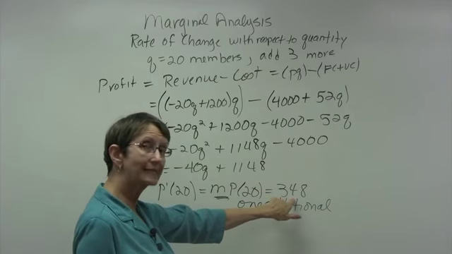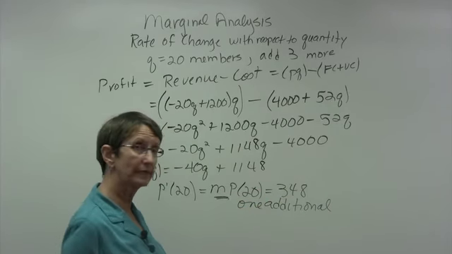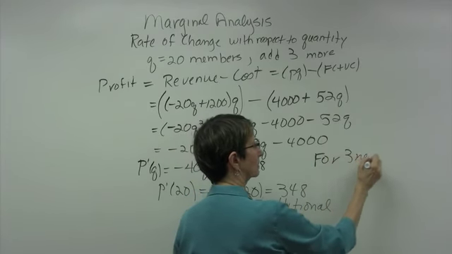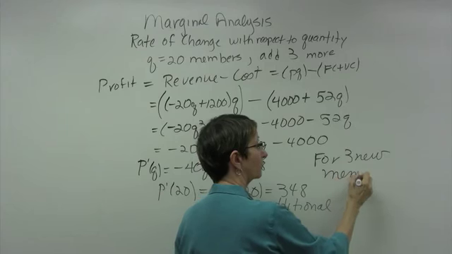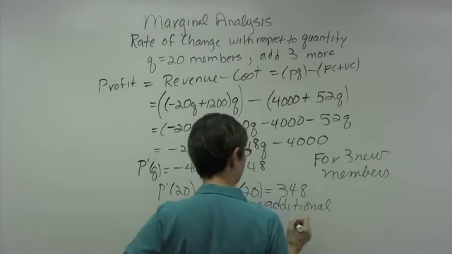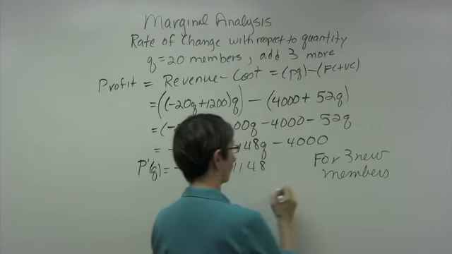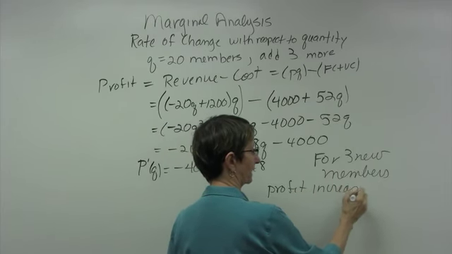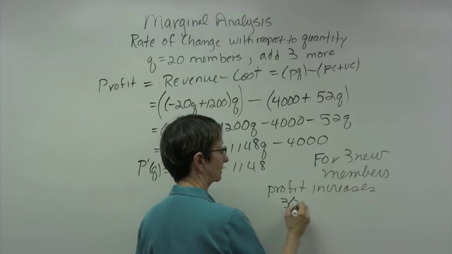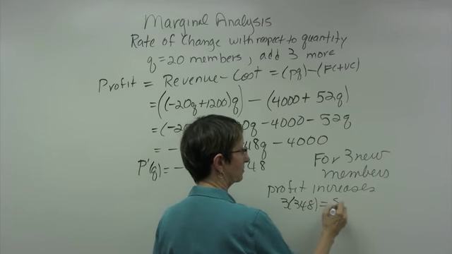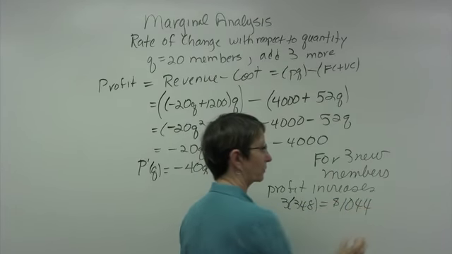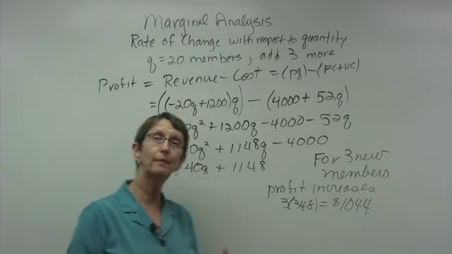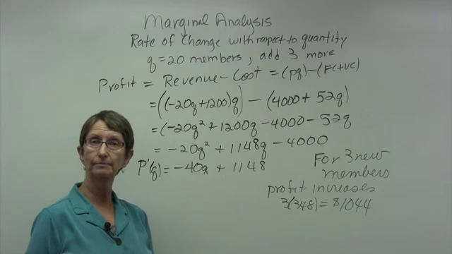Well, since this is positive, I'll multiply that by 3, and I'll find out that for 3 new members, profit will increase by 3 times 348. So that would be $1,044. That would be the profit if they can take 3 new members into their health club.